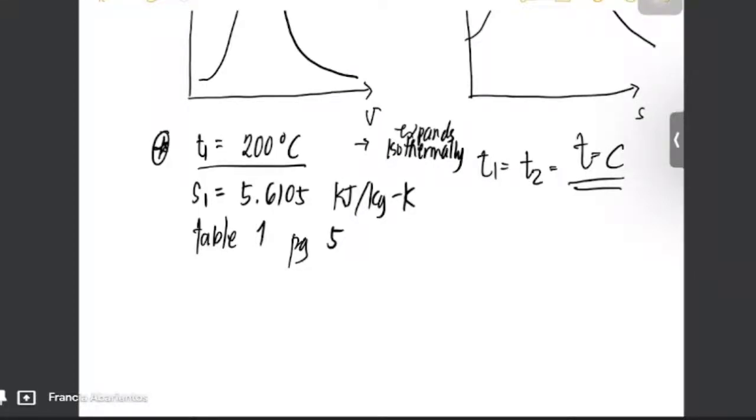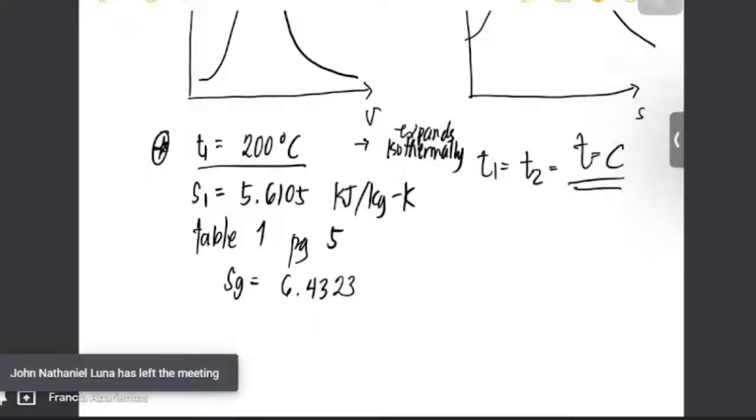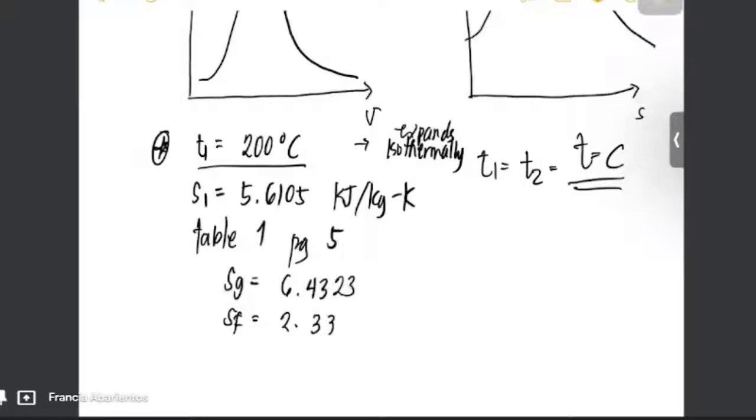Ano siya? Saturated, superheat, or wet mixture? Table 1G is 6.323 and the SF is equal to 2.309 per kilogram.